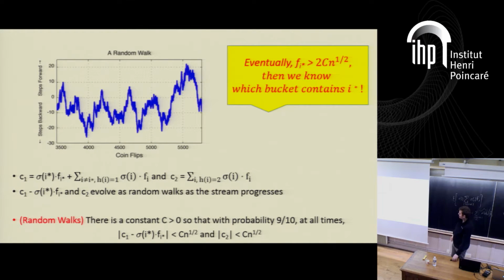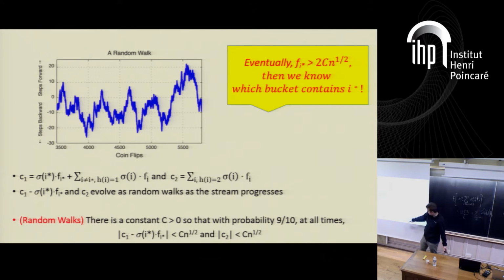Okay, so let's look at what happens here. Suppose this event holds, that these are bounded at all times. Well, this heavy item i star has frequency root n log n, so at some point we're going to see at least 2c root n updates to it. And this heavy item is going to be in one of these 2 buckets. No matter what its sign is, it's going to make the counter C1 or C2 larger than c root n, just by the triangle inequality, right?